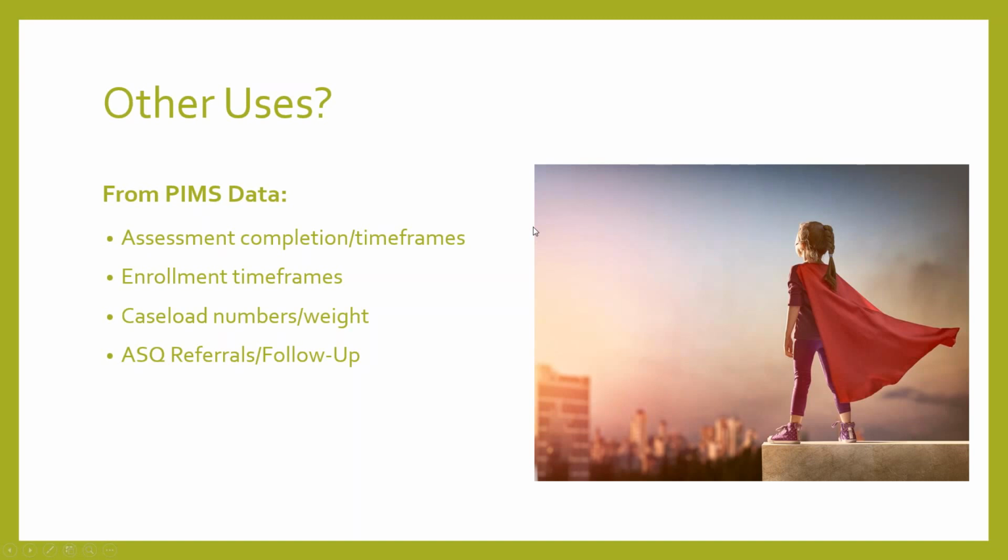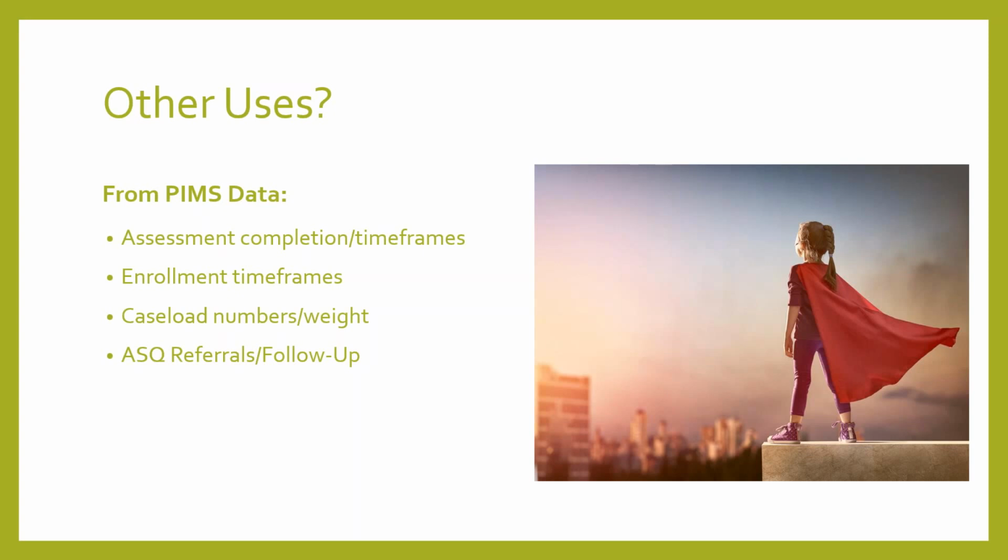So there are lots of places that you might find conditional formatting to be useful, depending on kind of what your priorities are as a program, where you're focusing your attention. You might use it for enrollment timeframes if you're trying to keep track of the number of days between assignment and enrollment, for example. If you have a goal set for how many days you want there to be sort of as a maximum, you could set it to flag those that are getting close to that time frame.